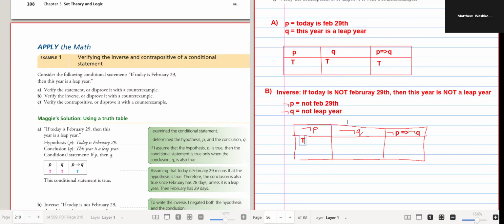So if today is not February 29th, so let's assume it's February 28th, then it's not a leap year.